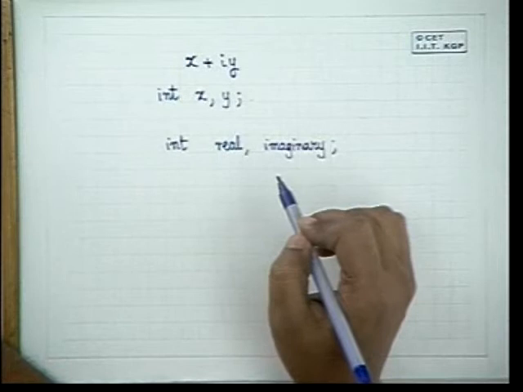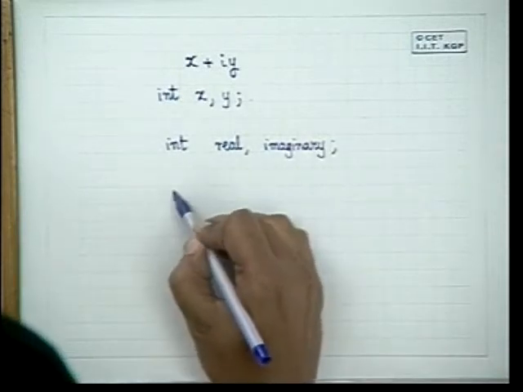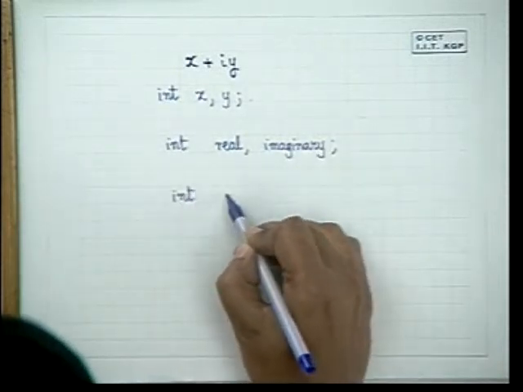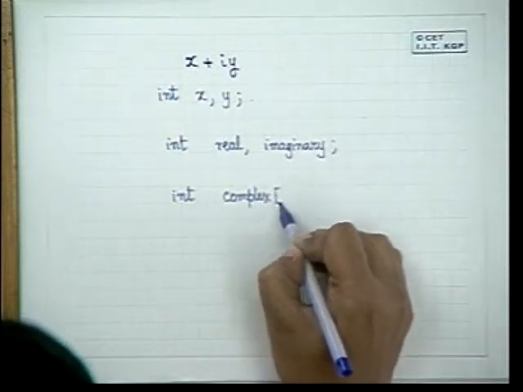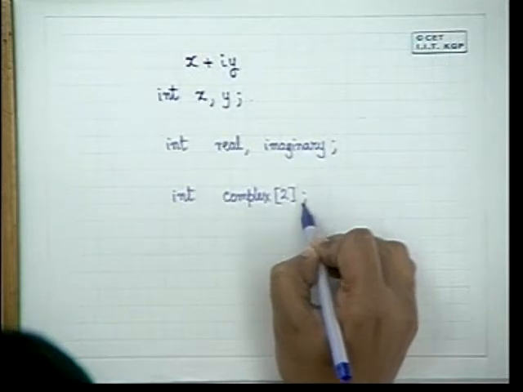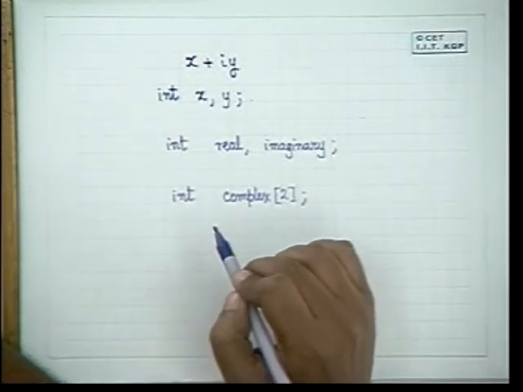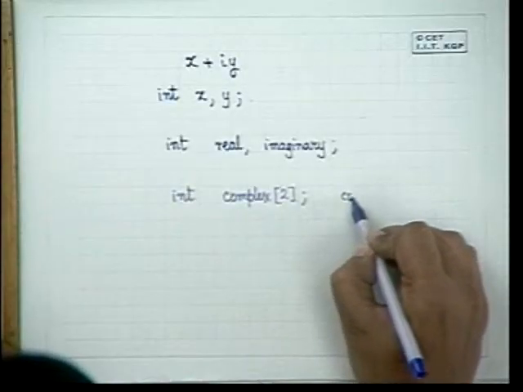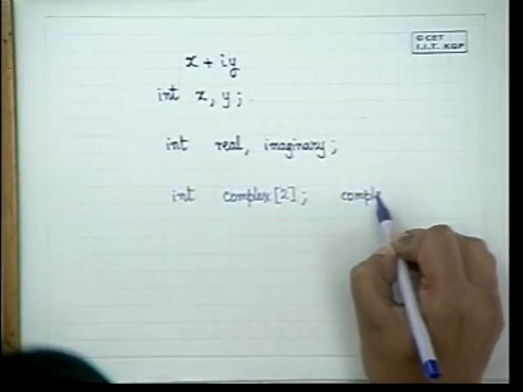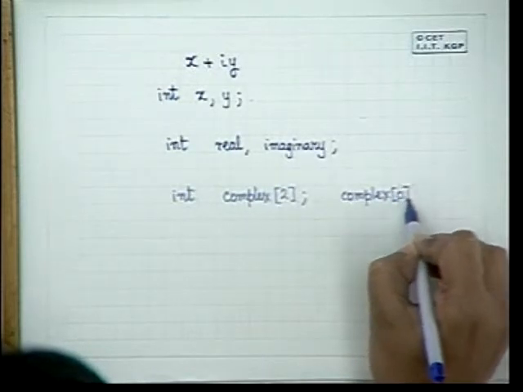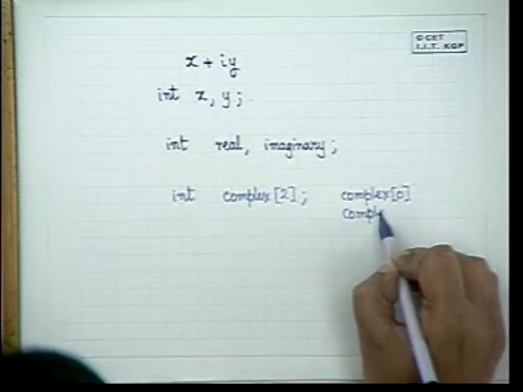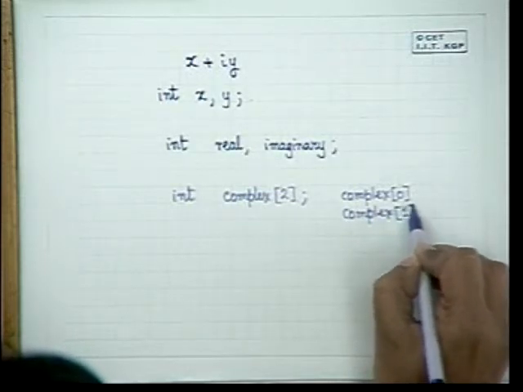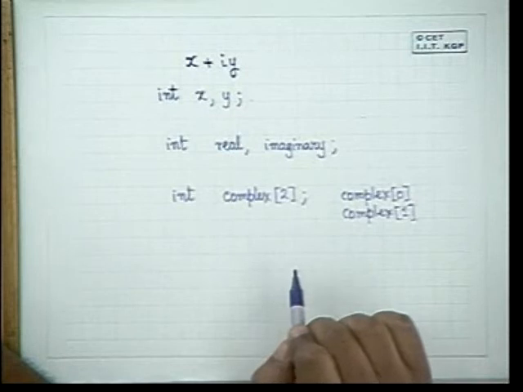The other option which people may choose would be to define a particular complex number as an array of two integers, in which complex 0 is the real part, and complex 1 is the imaginary part. If we use arrays, this is one option we can do.